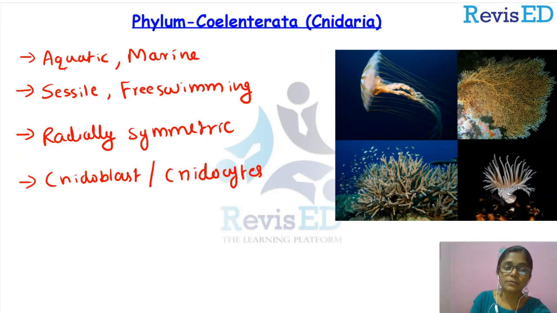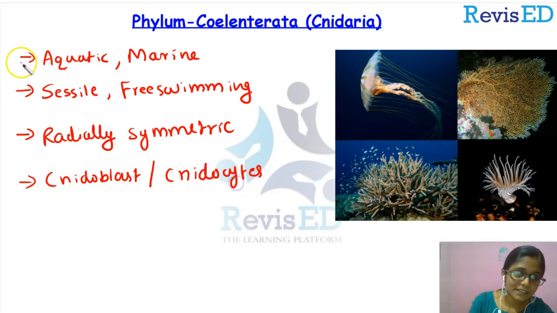Okay, so this special type of cells are the cause behind these animals getting the name Cnidaria. Okay, we will study what are cnidoblast cells in detail in another session. For now, we are listing this point under the general characters of Cnidaria.